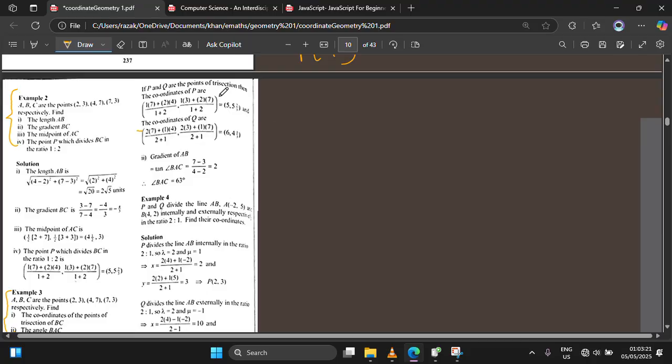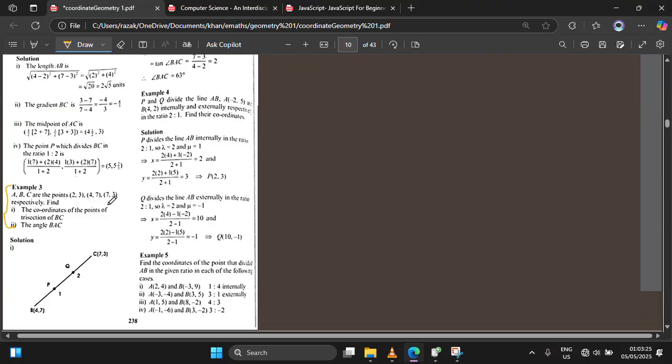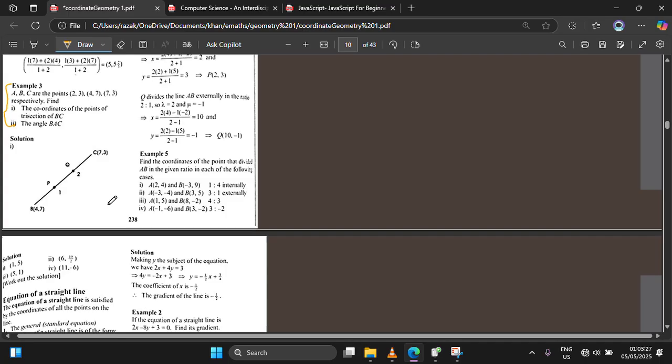P and Q are points of trisection there. So if a line is trisected, when you bisect a line, you need to divide it into 2, because by its sense that means 2. So when you trisect a line, you need to divide it into 3.